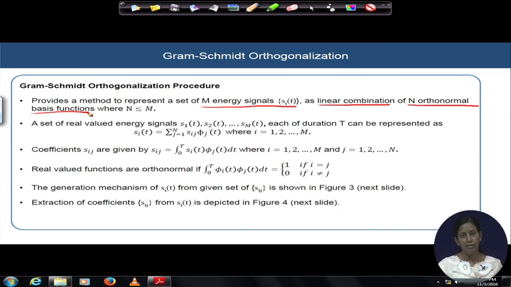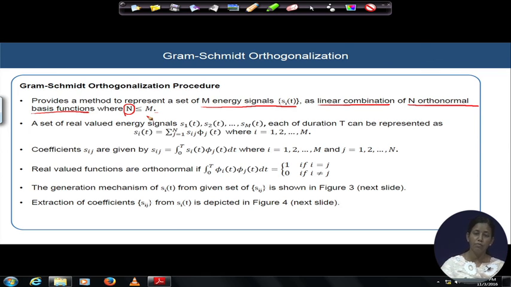We have seen in the vector transformation that we have N dimensions for each ith symbol coming from the message source, and that the chosen N is less than or equal to the total number of symbols in the alphabet set, so N is less than or equal to capital M.